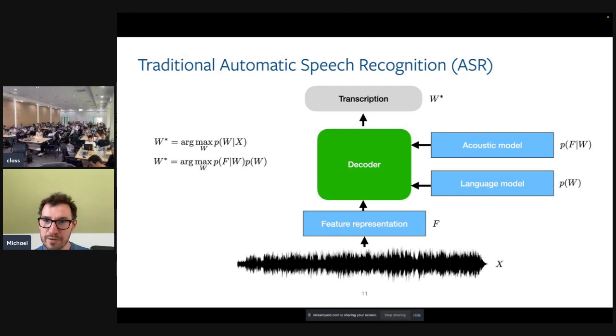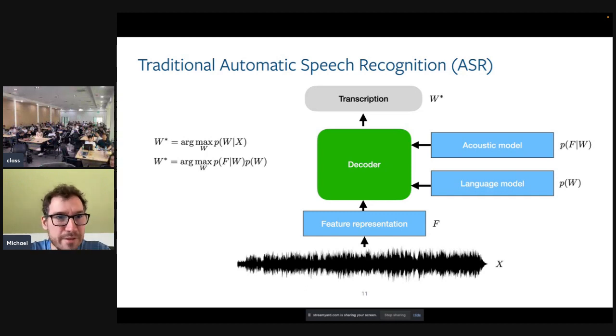So we can estimate this acoustic model, F given W, from paired data, where we have both a transcription and a feature representation. And the language model we can simply estimate from just text, web text, whatever text you want to use for your application. And you can use a large language model or a traditional N-gram-based language model, it doesn't matter.